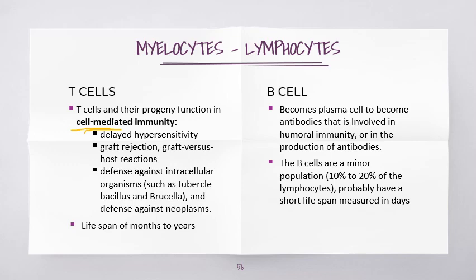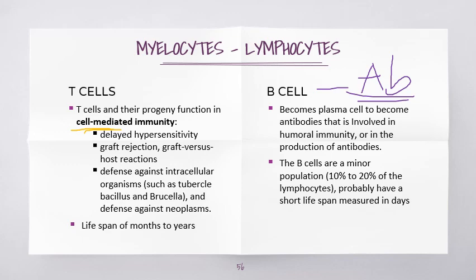They are usually involved in hypersensitivity reaction, graft versus host disease, defense against intracellular organisms, and against neoplasm. The lifespan of these T cells is months to years. While the B cells, the role of the B cell is actually to produce your antibody. So they are involved in acquired immunity.